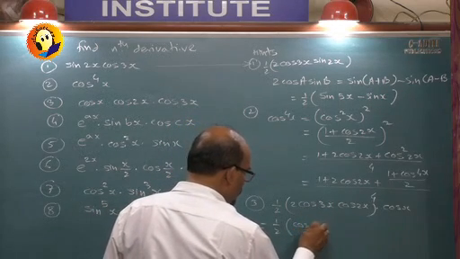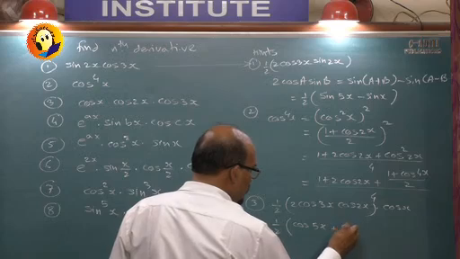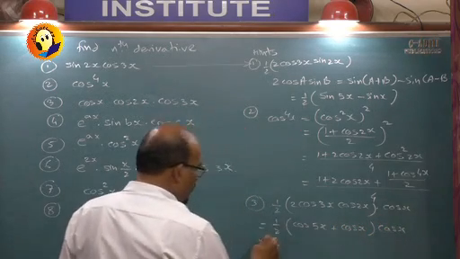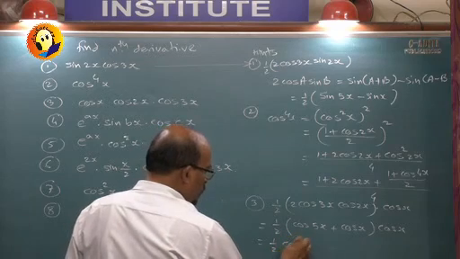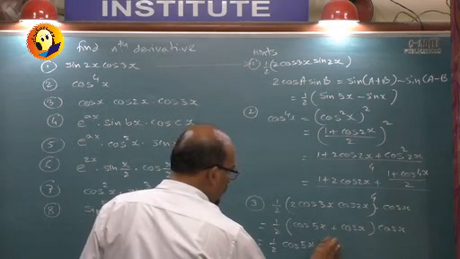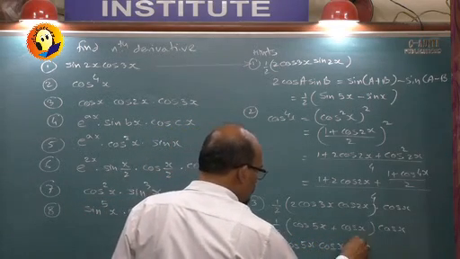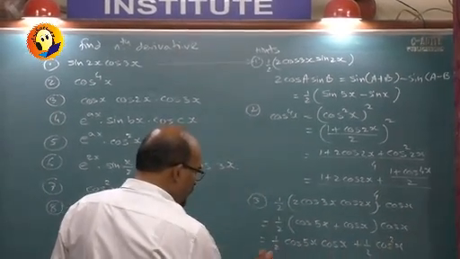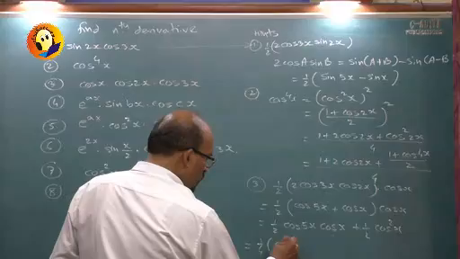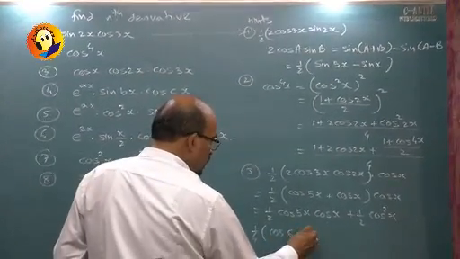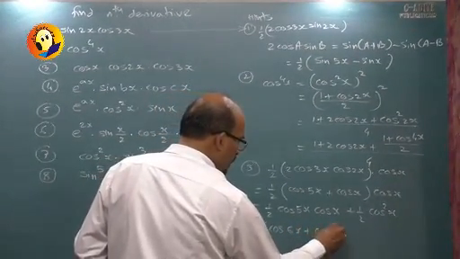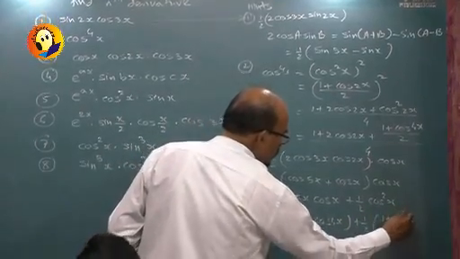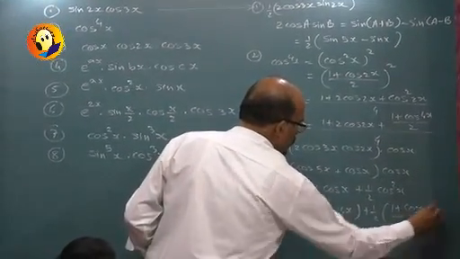So cos of 5x plus cos x into cos x will be half cos 5x cos x plus half cos square x, which can be written as 1 by 4 (cos 6x plus cos 4x), and this will be half into bracket (1 plus cos 2x upon 2).